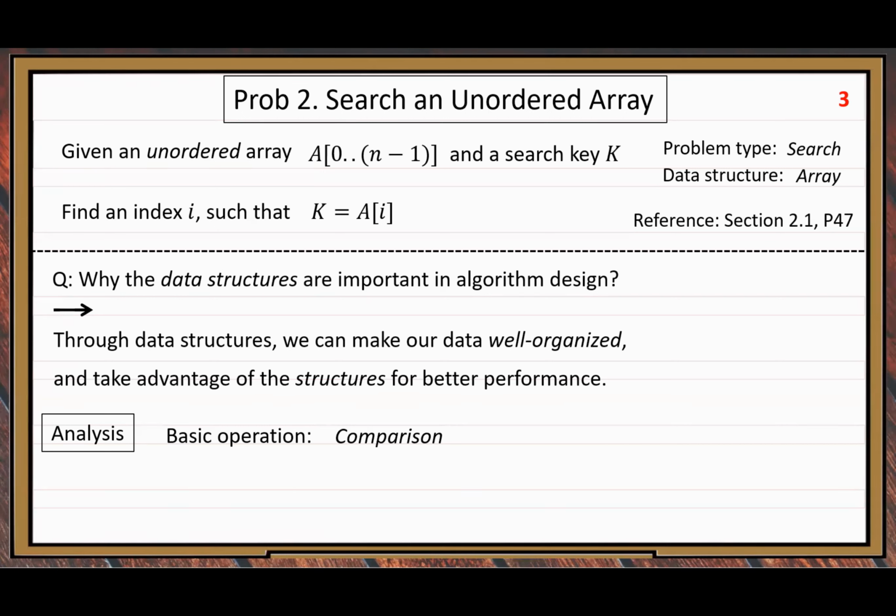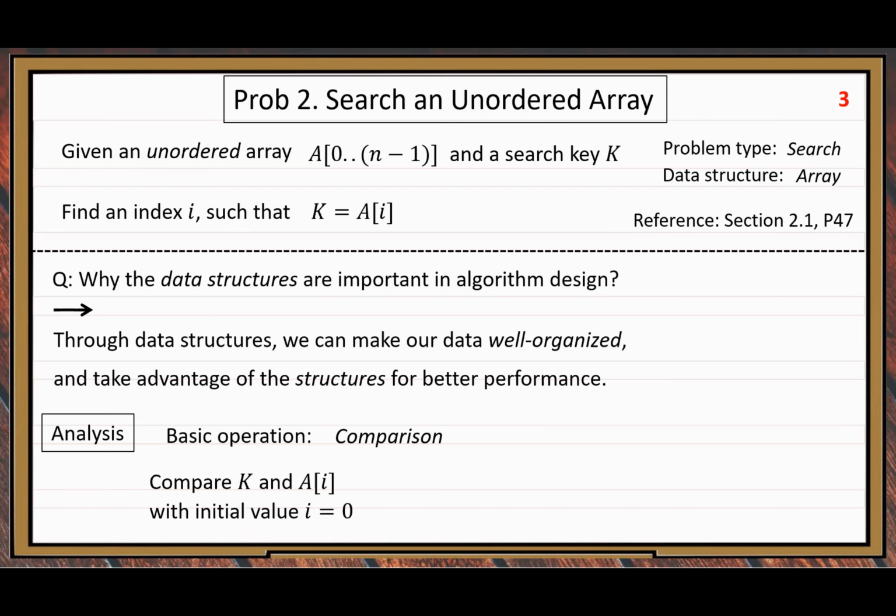In our previous problem number 1, multiplication is the basic operation because we use multiplication the most. For this question, comparison is the basic operation. We do comparison the most, the dominant operation. We compare K and A[i], same or not same.